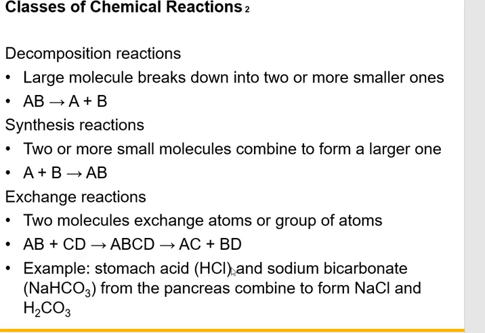So now you have NaCl, and this hydrogen goes over here, and now you have two hydrogens and CO3. And this is carbonic acid. And if you look at that carefully, you can see that this can further decompose into water, H2O, and then you have CO2, which is carbon dioxide. So this can break down further into water and carbon dioxide.